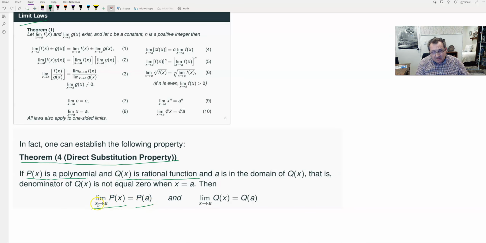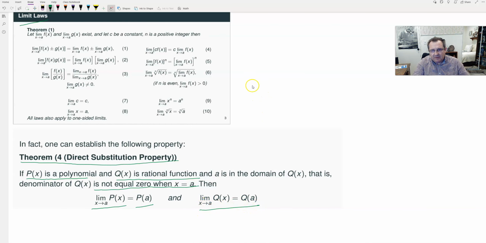So here we have the limit as x approaches a. To evaluate that limit, it is sufficient to substitute a into the polynomial. For rational functions, you can do it too, as long as the denominator is not 0 at a. Then the limit of a rational function can also be evaluated by substitution, like so.